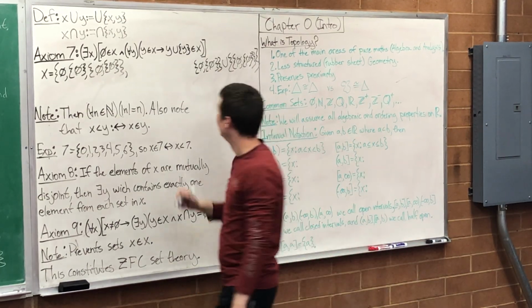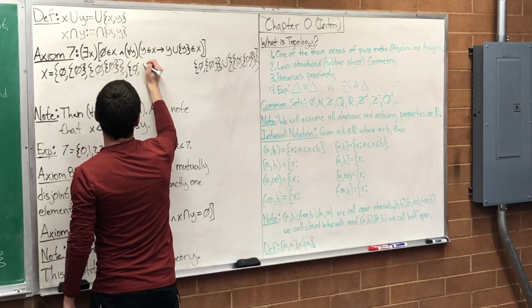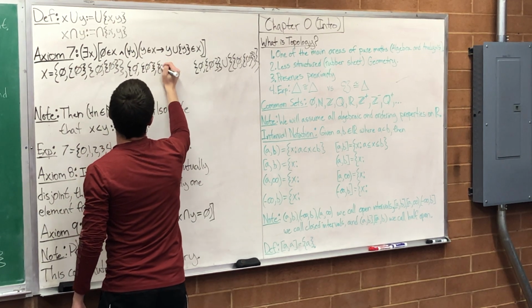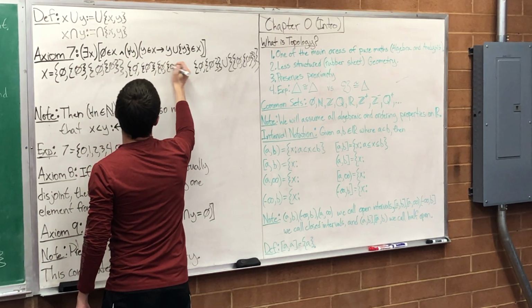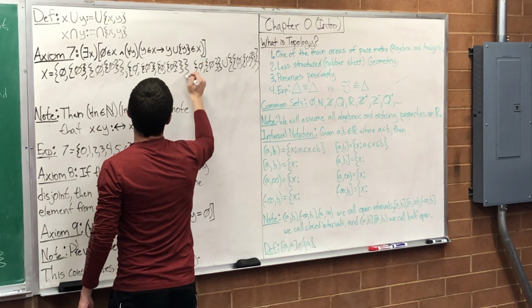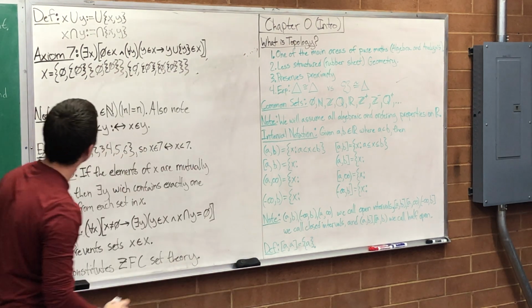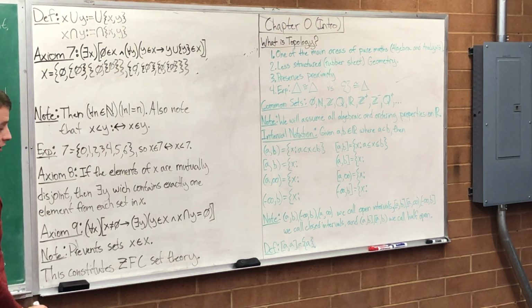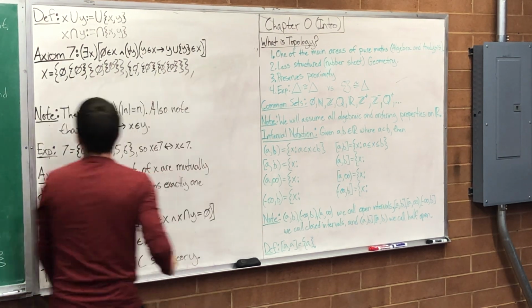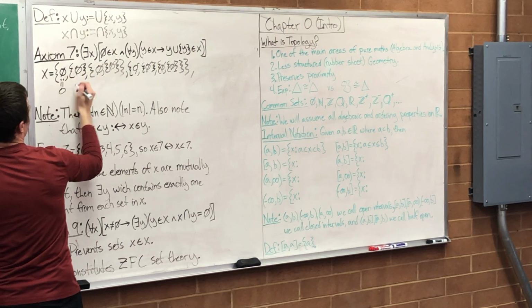So what is that? That's the set containing the empty set. Did I get it all? Yeah. And we could continue this way, right? So, this is what we define to be 0.